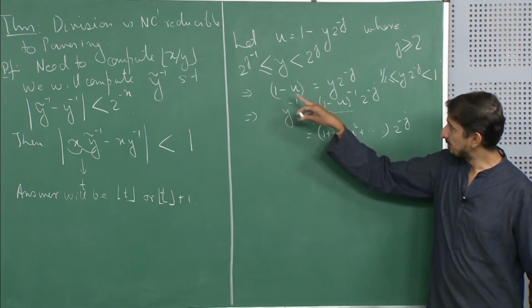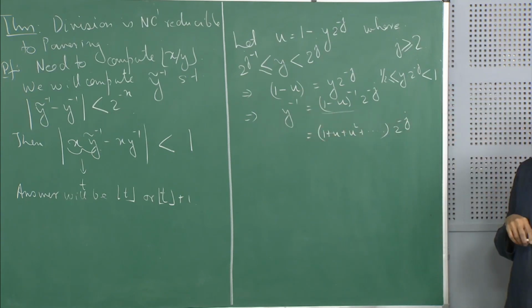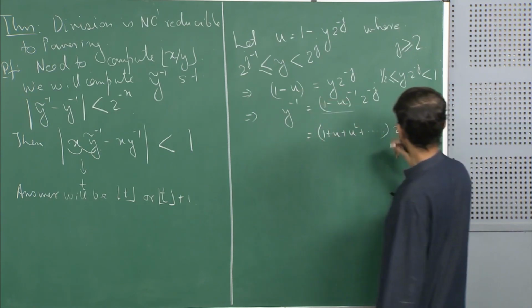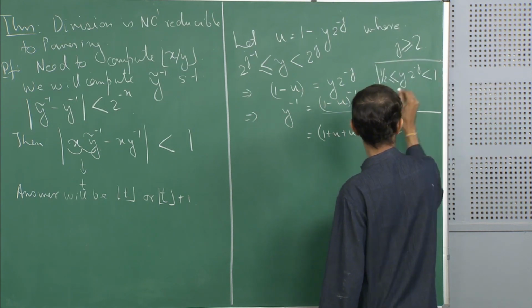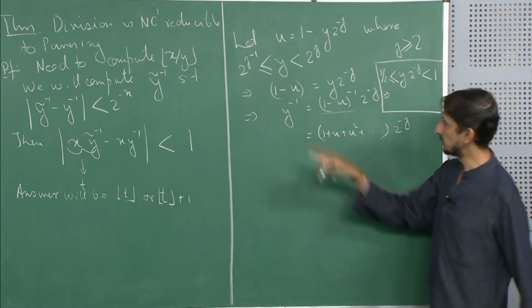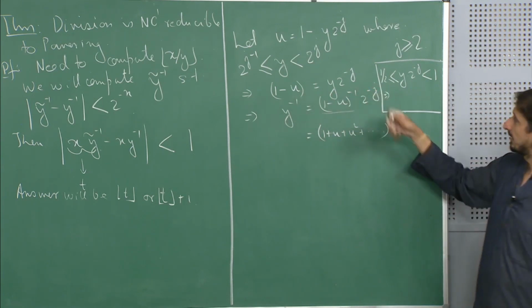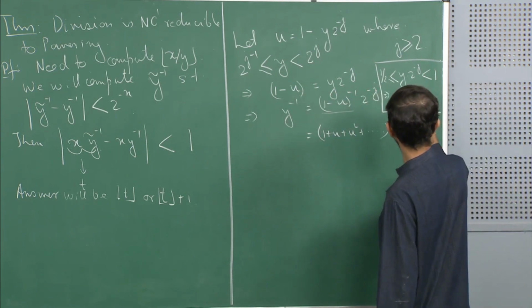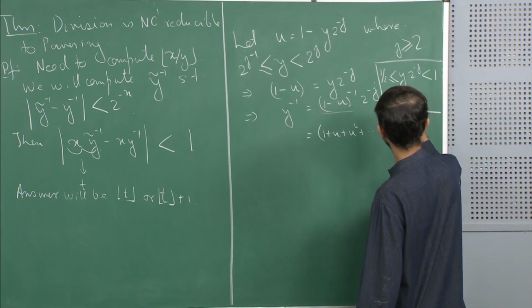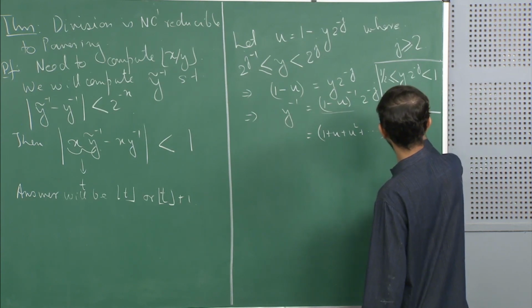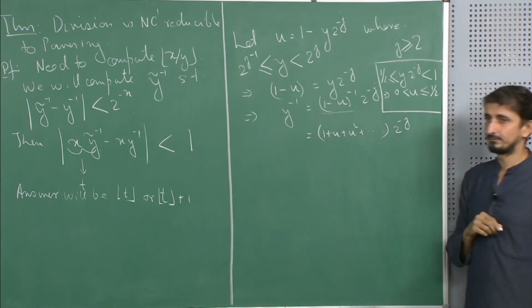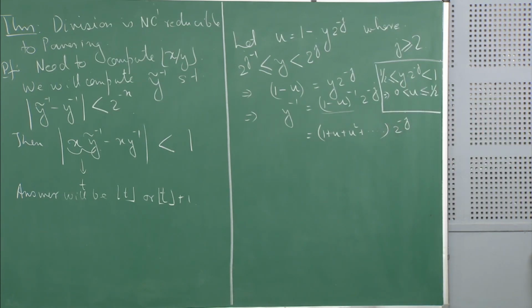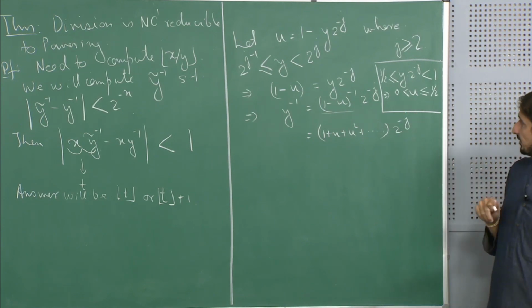So, essentially 1 minus u lies between half and 1. What does it say about u? So, if 1 minus u lies between half and 1, it means that u is greater than 0 and less than or equal to half, right. So, u is less than or equal to half.